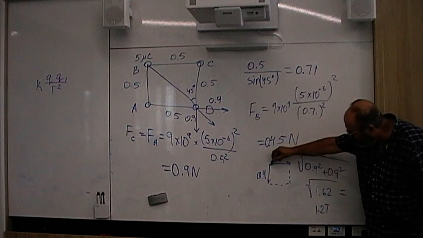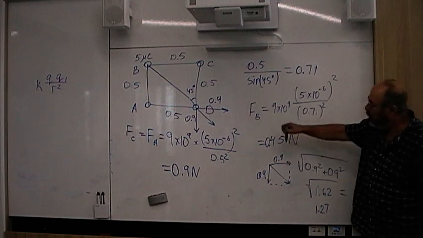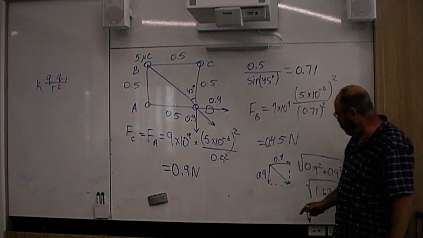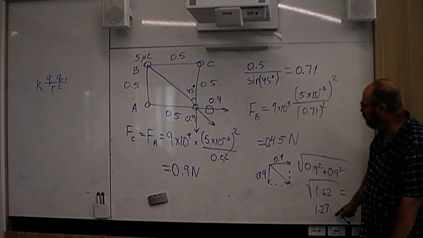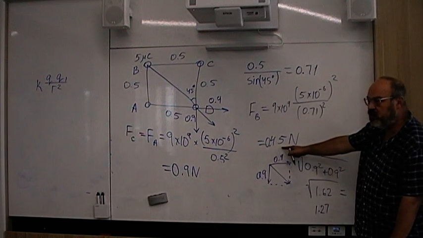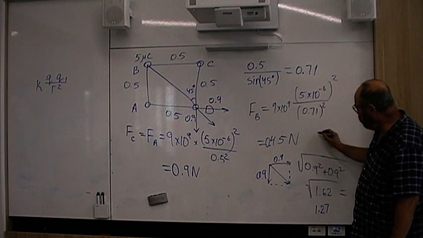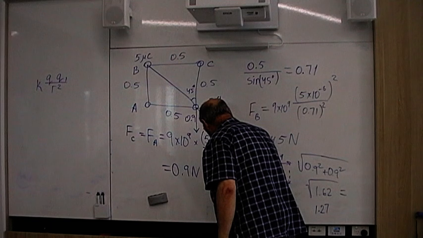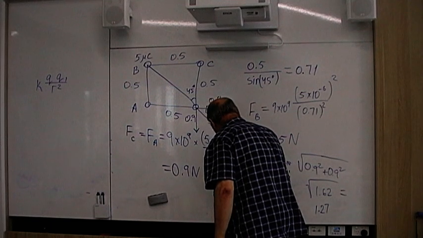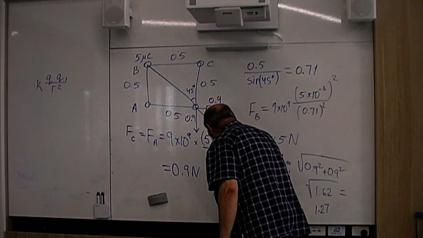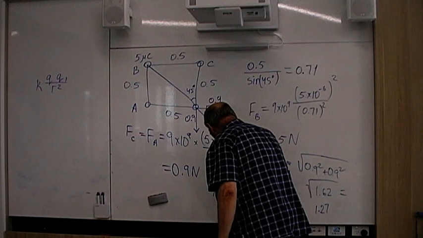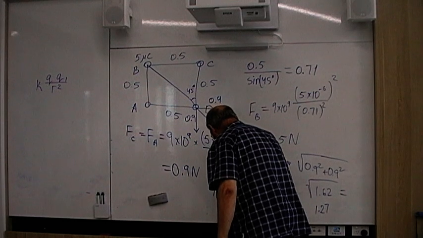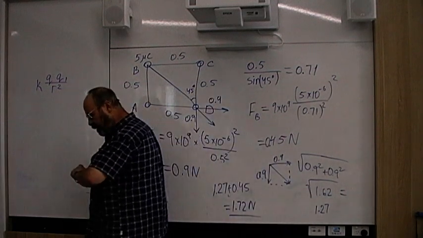So this force provided by charges C and A is 1.27, plus this one. So the overall force will be 1.27 plus 0.45 equals 1.72 newtons. Make sense how we did it?